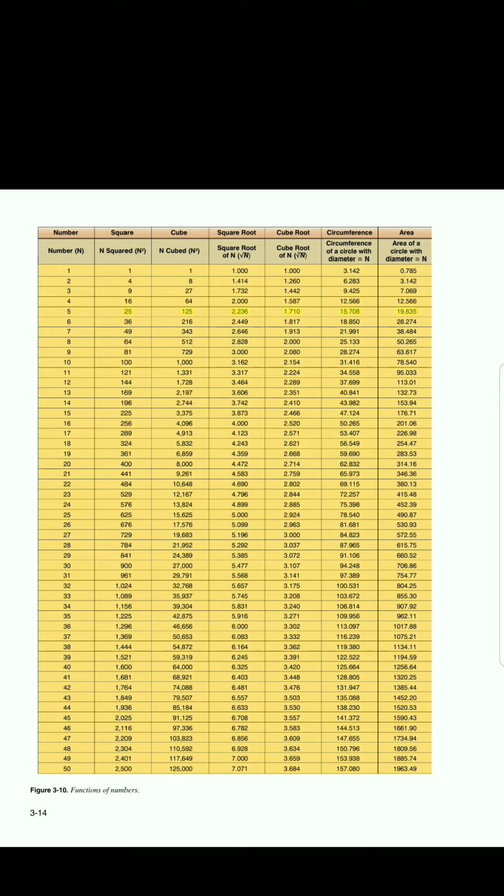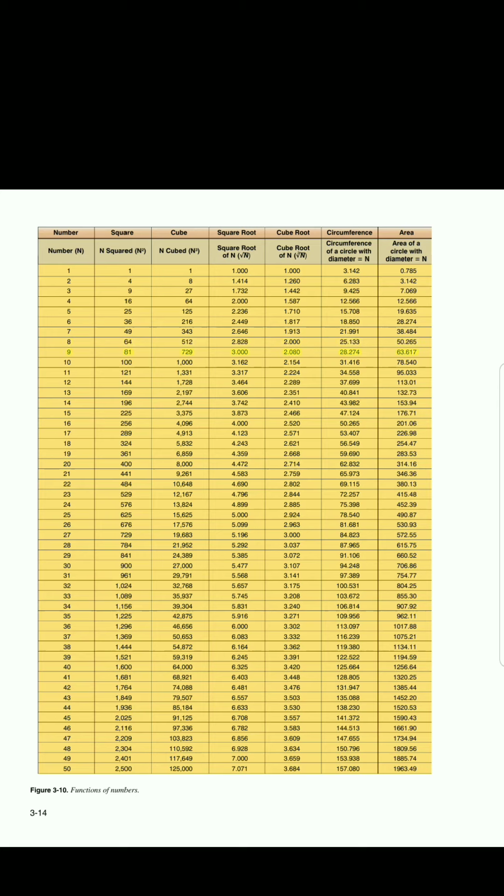For 5: 25, 125, 2.236, 1.710, 15.708, 19.635. For 6: 36, 216, 2.449, 1.817, 18.850, 28.274. For 7: 49, 343, 2.646, 1.913, 21.991, 38.484. For 8: 64, 512, 2.828, 2.000, 25.133, 50.265.